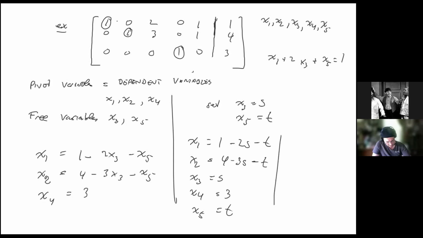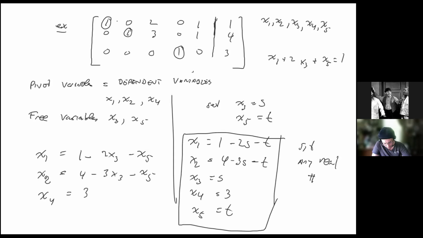And this specifies the entire set of solutions where s and t are any real numbers. So for any pair of real numbers, we get a solution to the system. I don't want to go too much into it now, but this would be a two-dimensional plane in five-dimensional space. That's what it would look like if you could picture that.